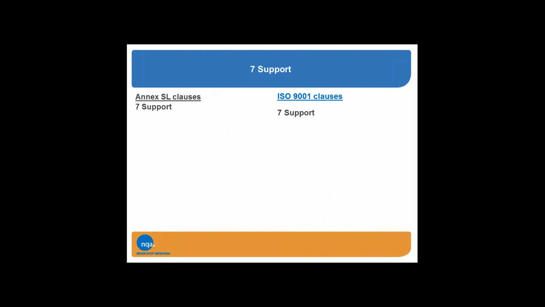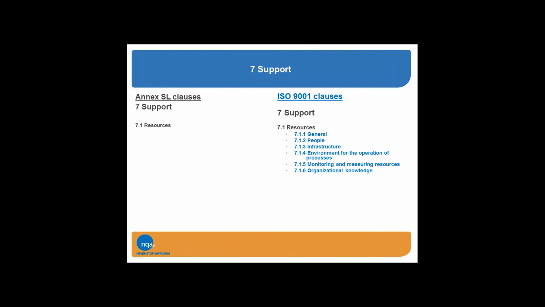Right, moving to clause 7, the support clause, again looking at the Annex SL requirements, we have the same clause title obviously in 9001, because that's now the new management system standard requirements. And then we have a number of sub-clauses. We have a sub-clause, resources, and we have that same sub-clause in 9001.